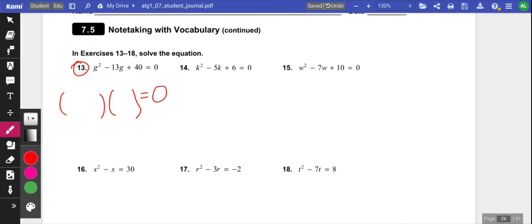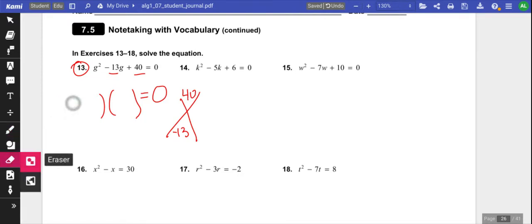So I can draw my little x, and I know that I'm going to add up to negative 13, that b term right there in the middle, and I'm going to multiply to this c, this last term, my 40. So I have to think, what are those two numbers that I'm going to fill into my binomials?